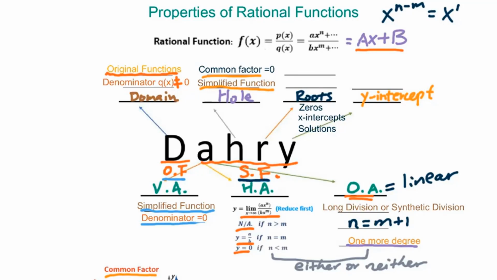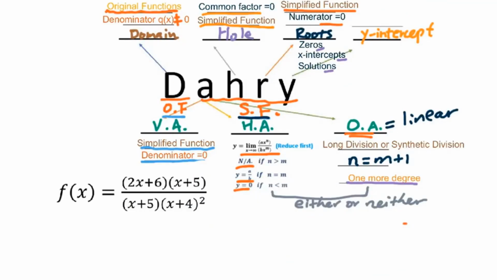Let's talk about roots. We have three other terms to describe roots: zeros, x-intercepts, and solutions. How do you figure out the roots? Make sure it's a simplified function and set the numerator equal to 0. For example, what are the roots for this rational function? First of all, you have to reduce.